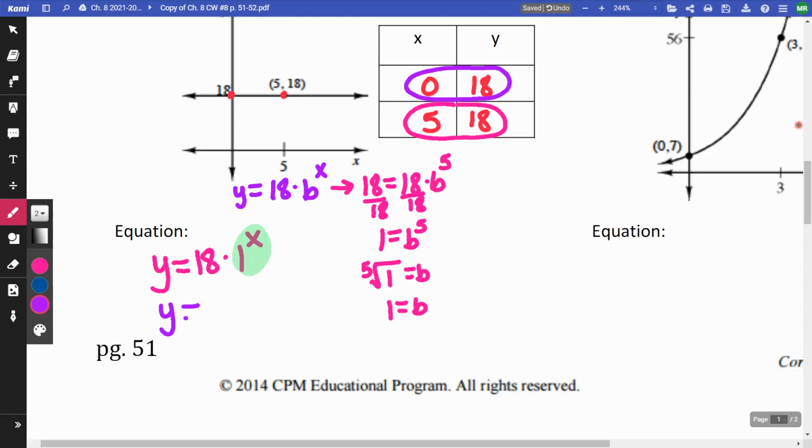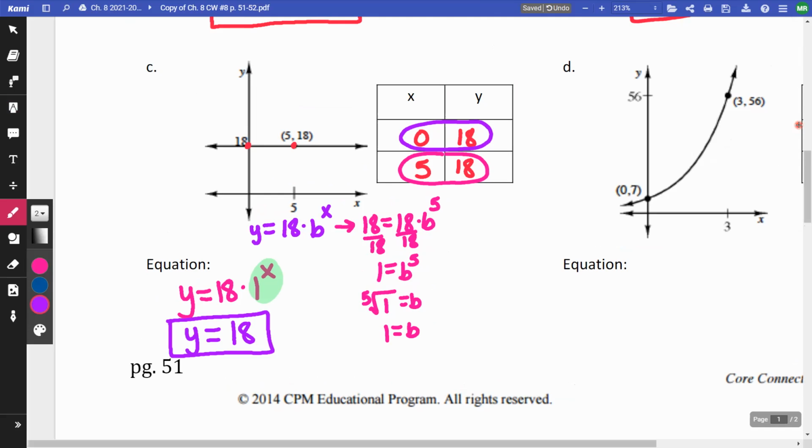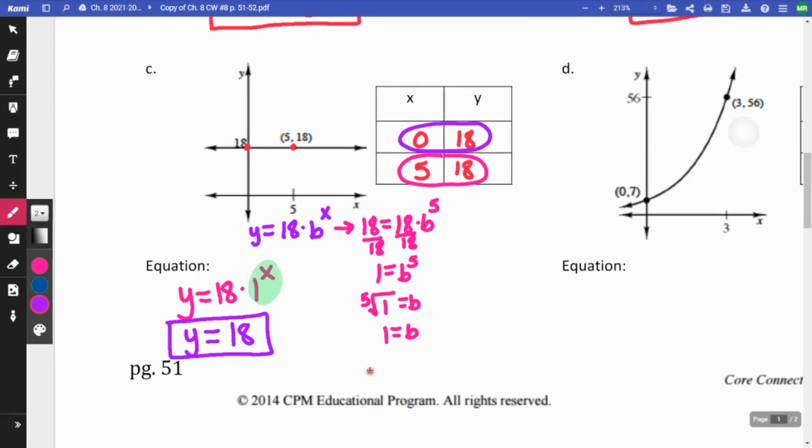So if you're looking at this, you'll notice that this really is just a line. It is the line y equal 18. That's really what it is. But in an exponential type of a way, this is how it would be written. But again, we cannot have a base of 1. So this does clean up to this, which is a line and not an exponential graph.